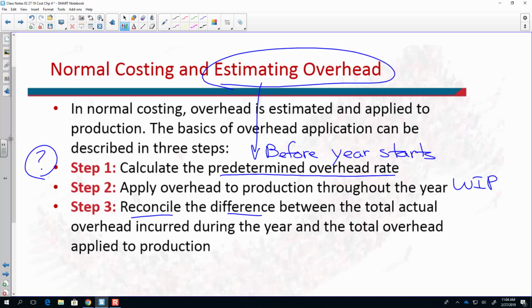Every year, we sit down in October to determine what that next rate will be for next year. It takes us about a month to get that rate. Okay? Because we got to make sure our estimates are right. We got to look at our activity level, what we expect for sales next year, or production levels, because that will influence it.